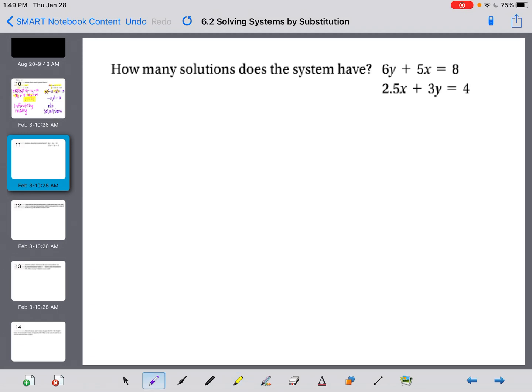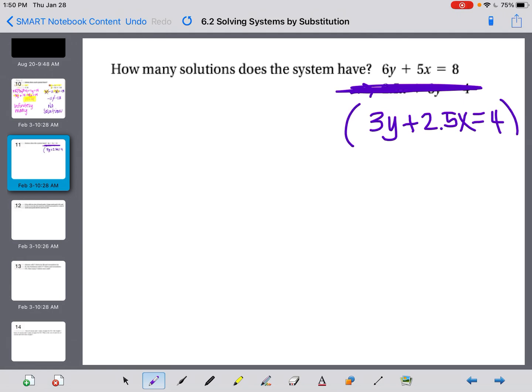They put the x's and y's in different places. But if I put this one in the other order, if I wrote 3y plus 2.5x equals 4, okay, same equation, just moved the x and y's around. Notice that this first one is 2 times the size of the second one.